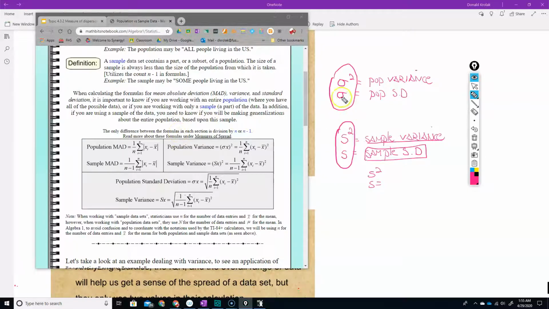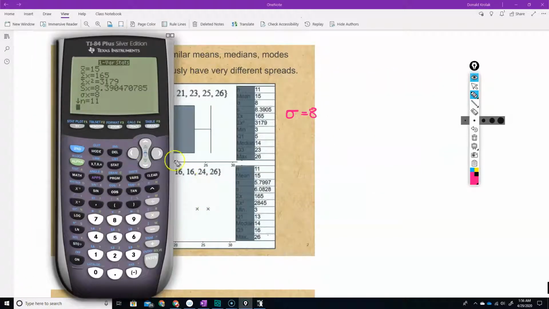The Greek letter sigma refers to population variance if it's squared, or population standard deviation. Most of the time you're working with populations. You're going to be given a list of data points and you're calculating the standard deviation for it. So our standard deviation was 8 for that.